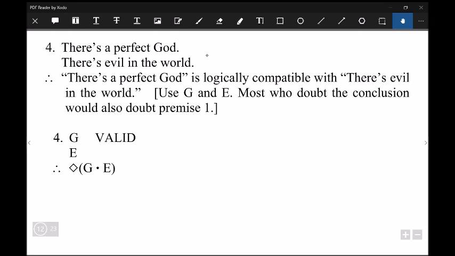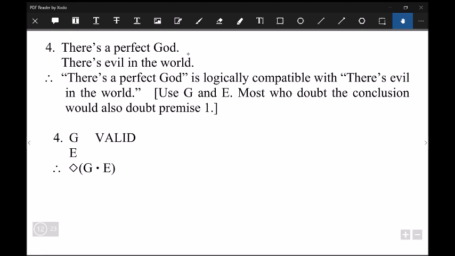It commits the fallacy of begging the question. You sort of presume that they're consistent from the start without reasoning to that. Put differently, an atheist who thinks that the existence of a perfect God is inconsistent with the existence of evil isn't going to accept the first premise that there's a perfect God.